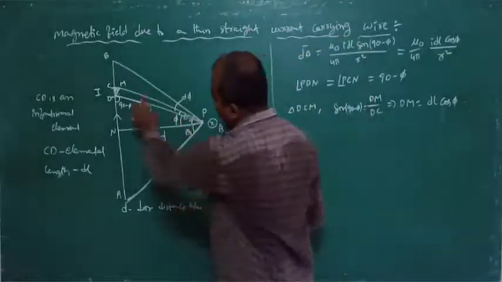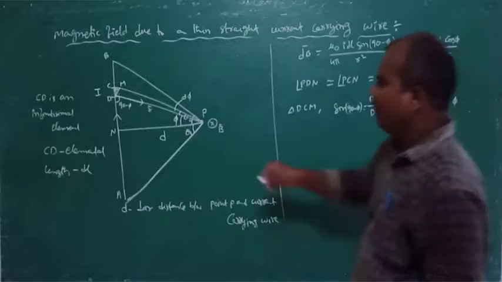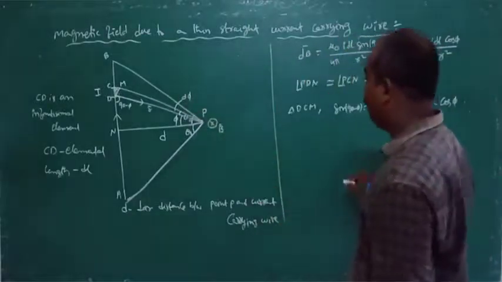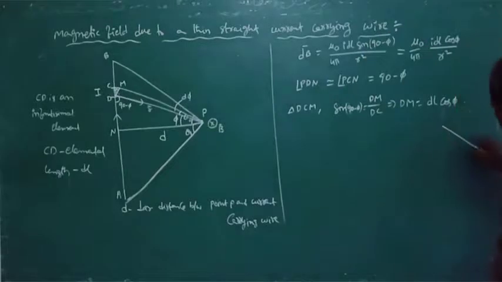From this, DM is also r dφ. Why? Because it makes an angle dφ, and this length is r.